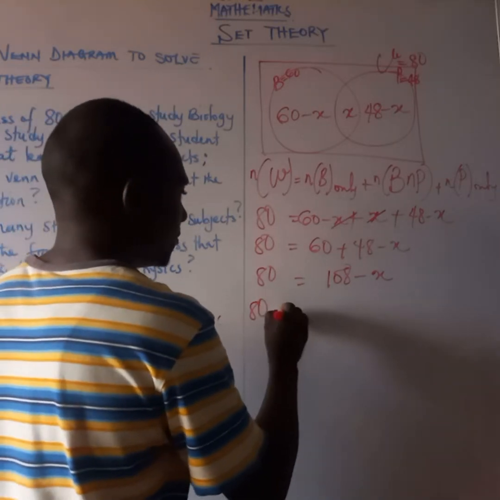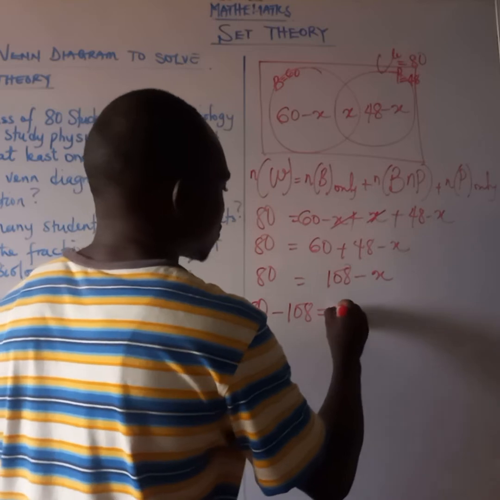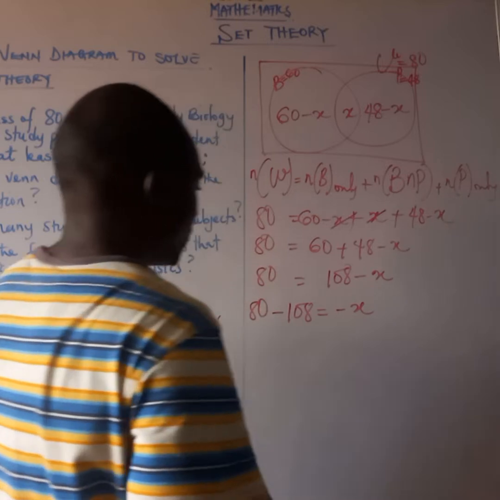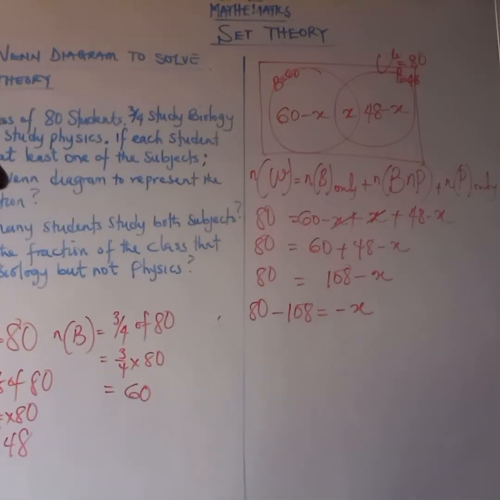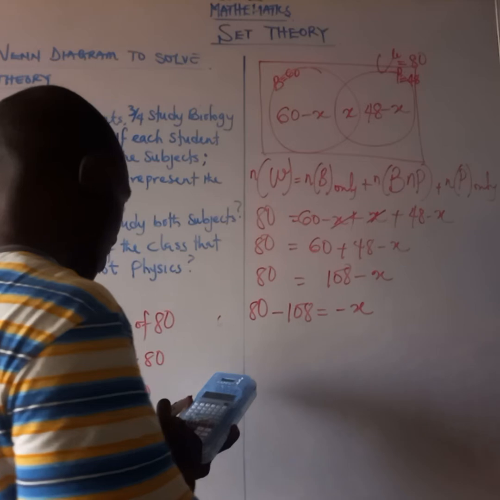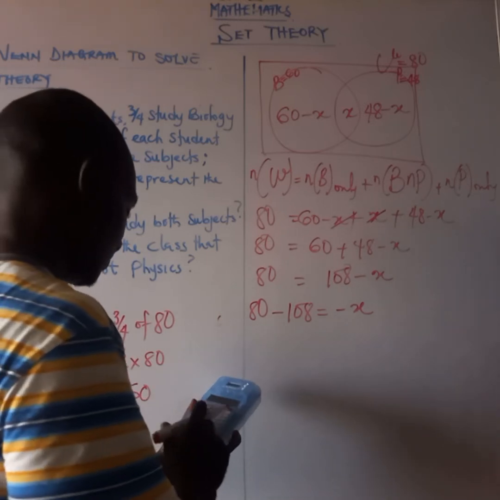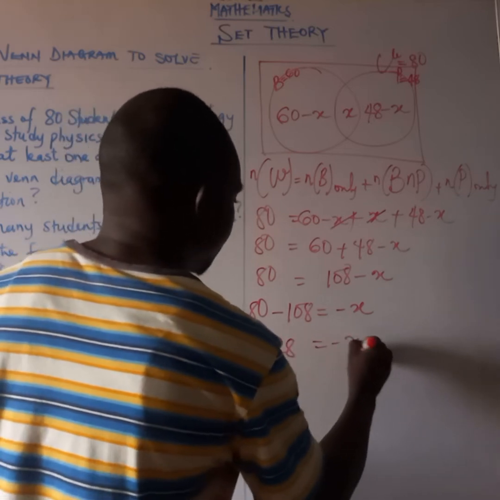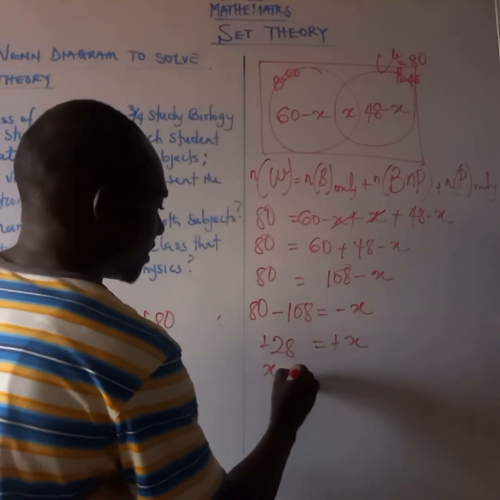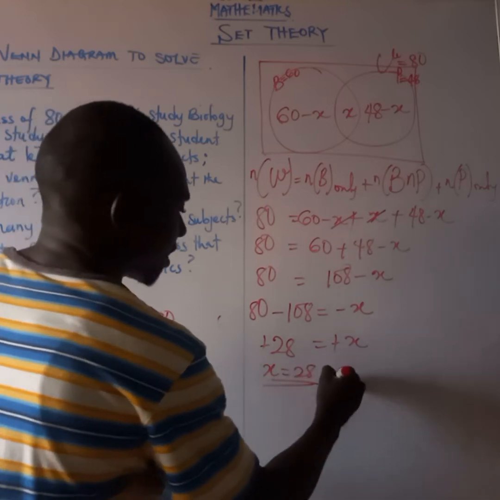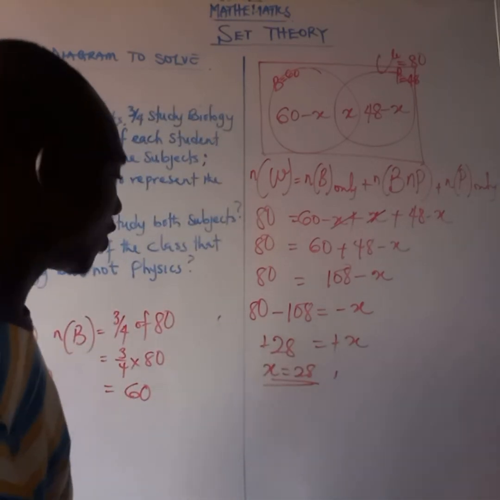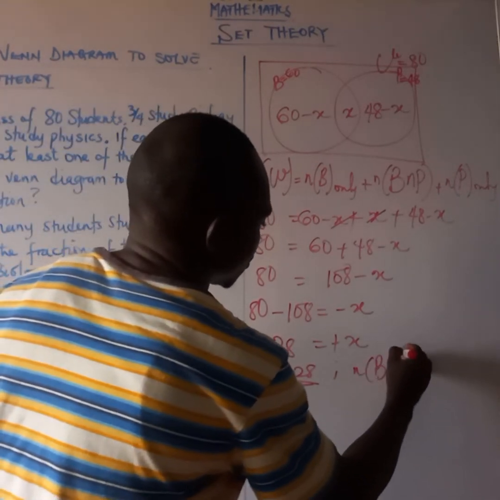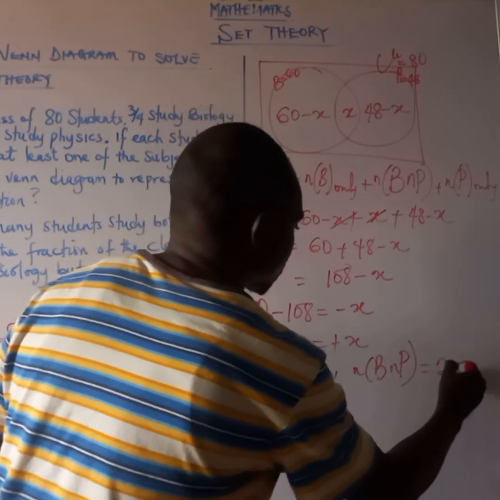We have 80 minus 108 equals minus X. Taking 80 away from 108, we have 28, so minus 28 equals minus X. The minuses cancel, so the value of X equals 28. The number of students that offer the two subjects, biology intersection physics, is equal to 28.